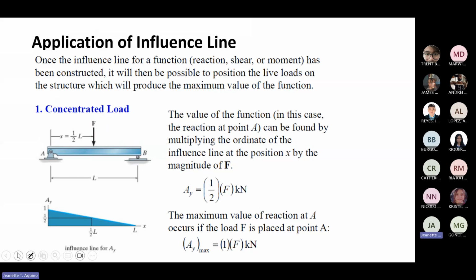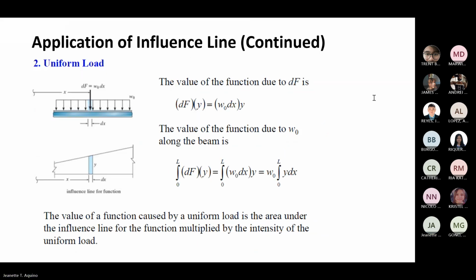Then next. Okay, for uniform load, the value of the function due to dF is equal to dF times y.